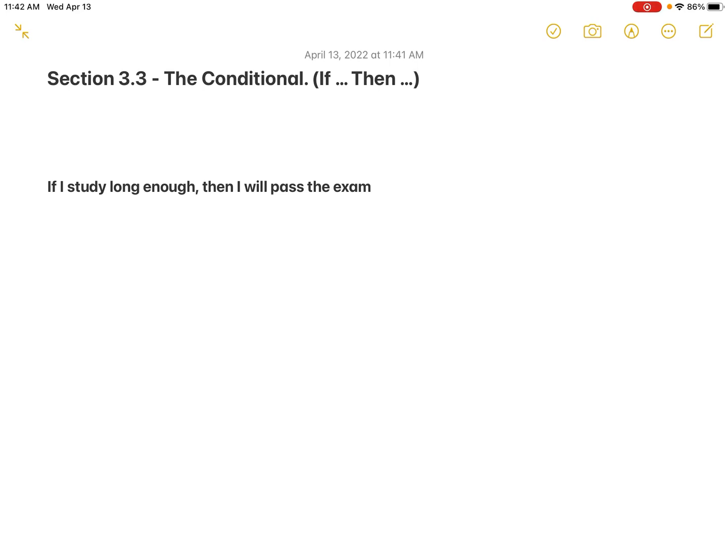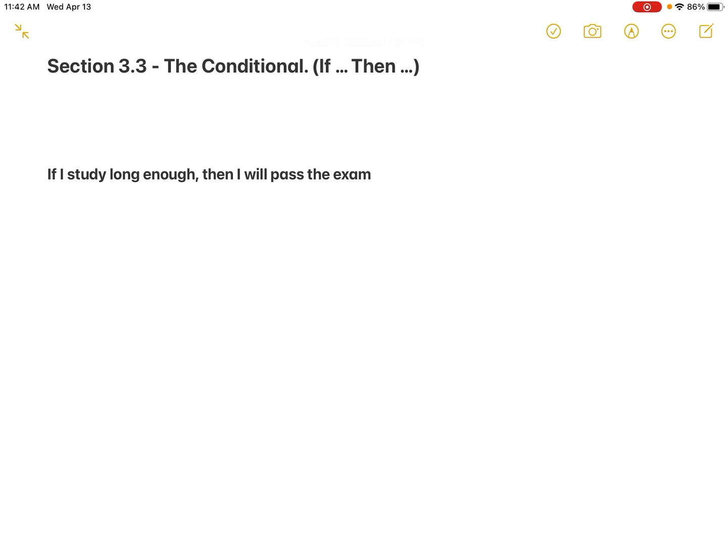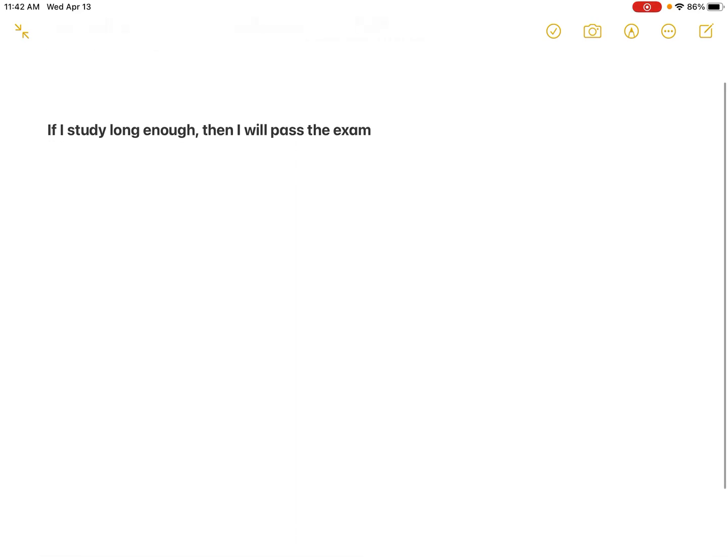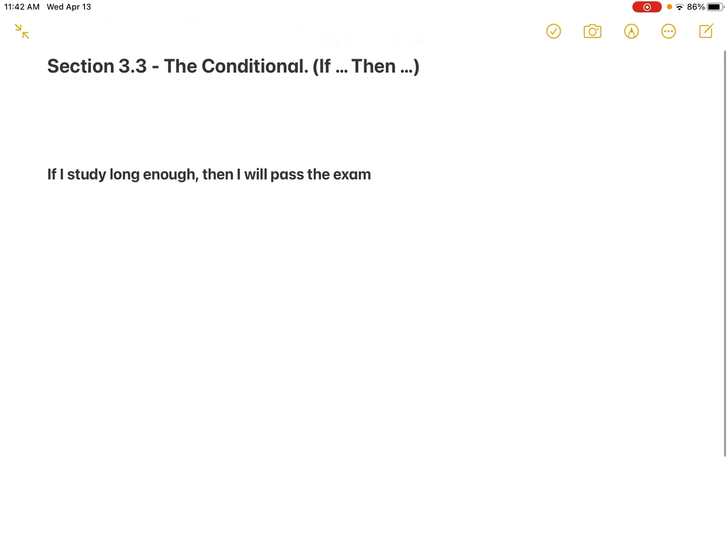So what I typed out here is a conditional statement, and it says, if I study long enough, then I will pass the exam. And so this is a traditional conditional statement, and it implies that if I study long enough, then I'm going to pass the exam.